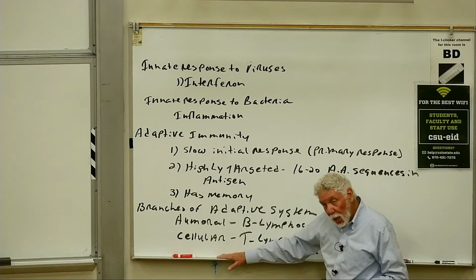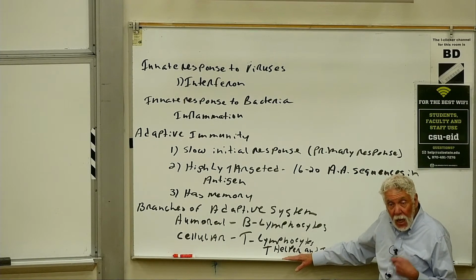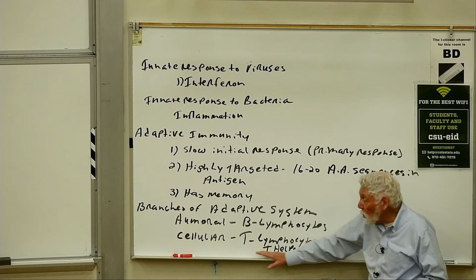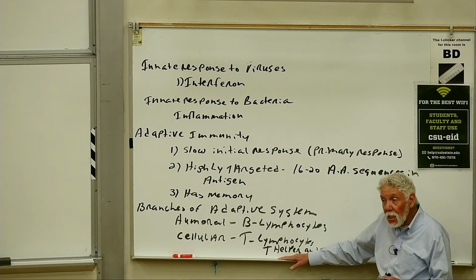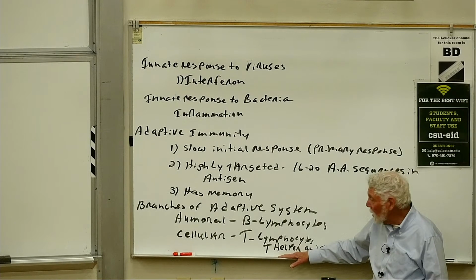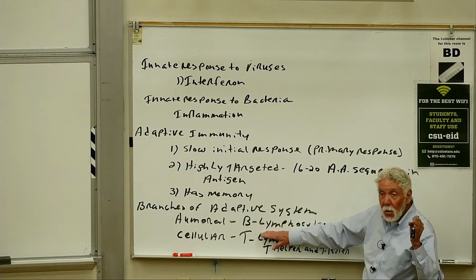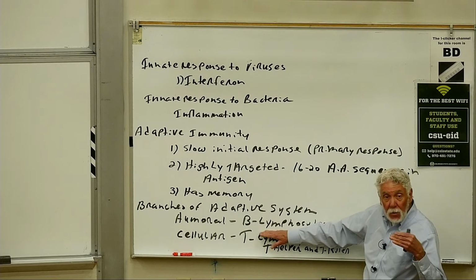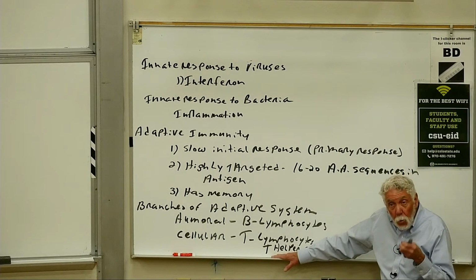The cellular branch uses these cells, the T lymphocytes. And not today, but on Monday, we'll see that the way the T lymphocytes work is that they can only recognize foreign proteins by cell-cell contact. These guys just dump tons of antibody out into the extracellular environment, and those antibodies bind to antigen. Here, the response is a little more subtle.